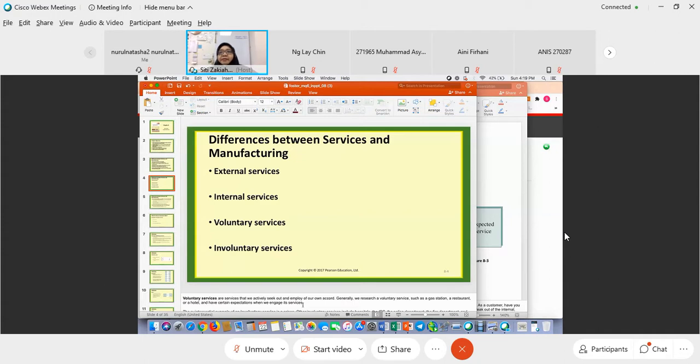Involuntary, that means like if you are in an accident, people will call the 911, they call the police, they call the ambulance. Maybe we got an accident, people call the ambulance from PKU. I say no, I don't want the ambulance from Sultanah Bahiyah. Cannot. It's involuntary, it will be there, right? Whoever is nearer.